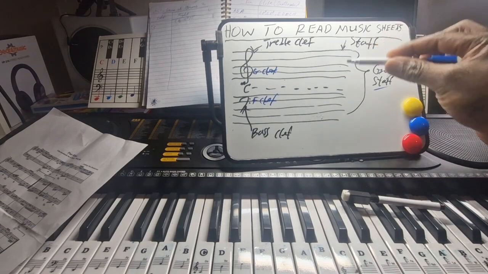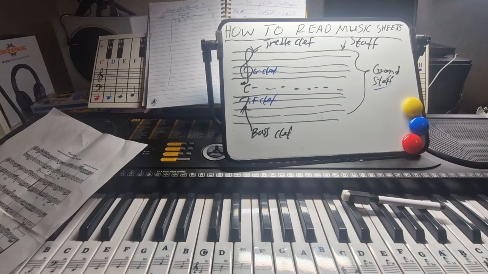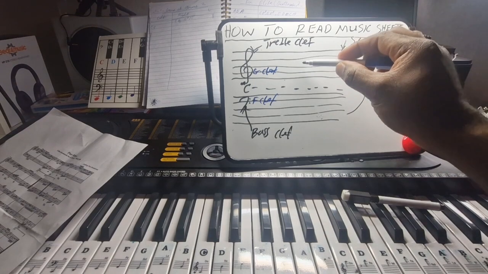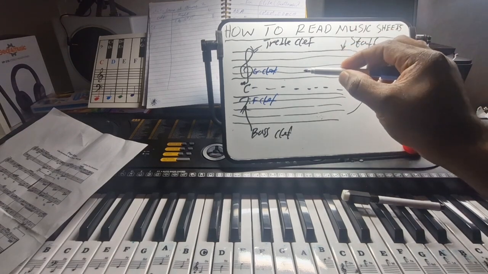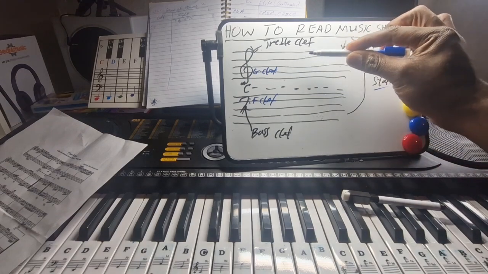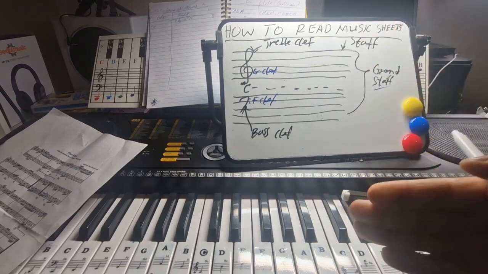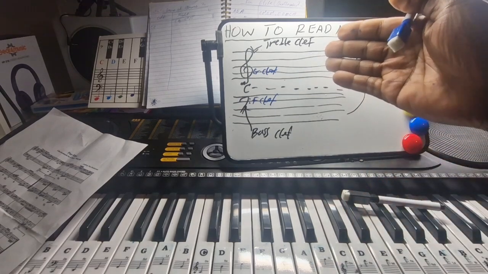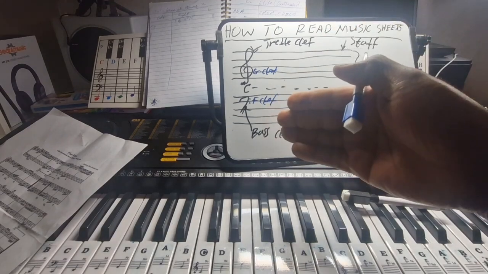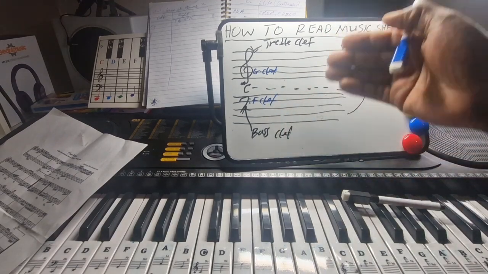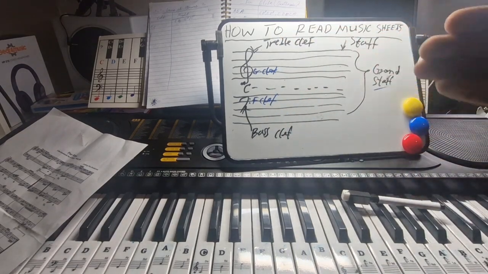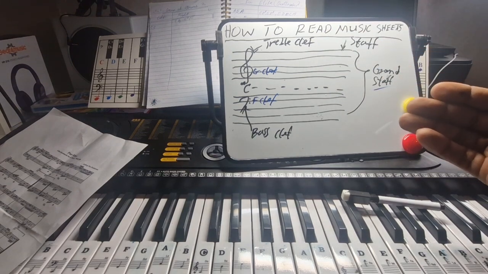Okay, and these are the staffs. Like I said, now we have 1, 2, 3, 4, 5. 1, 2, 3, 4. So you have 5 lines on each side. With the staffs, you have 5 lines and 4 spaces for every staff.